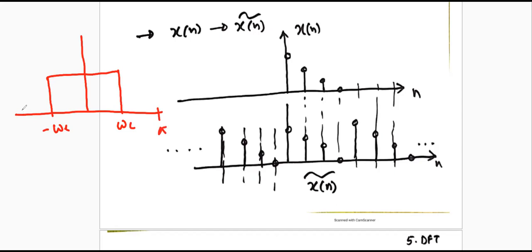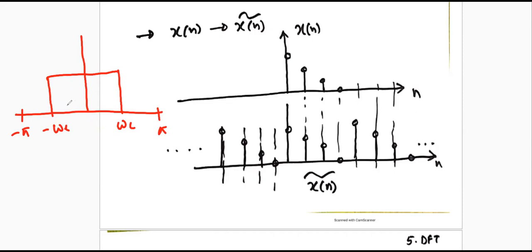This is pi and this is minus pi. This is the transfer function of a low pass filter. We always need to take the negative frequency component as well as the positive frequency component, due to the mathematical concept.